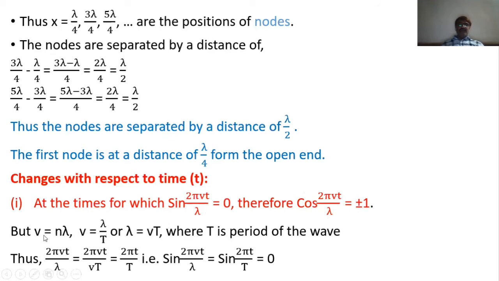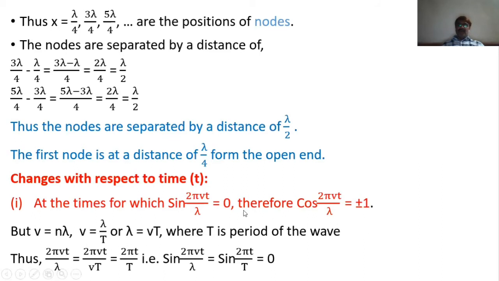Now here, a little substitution. We have the relation between velocity, frequency and wavelength, v equal to n lambda, and the frequency is equal to the reciprocal of the periodic time. So we can put n as equal to 1 by T. So v equals lambda by T, and lambda equals vT, where T is the period.